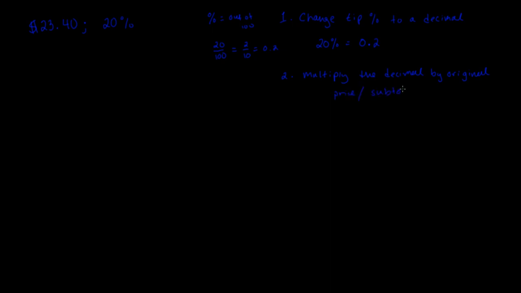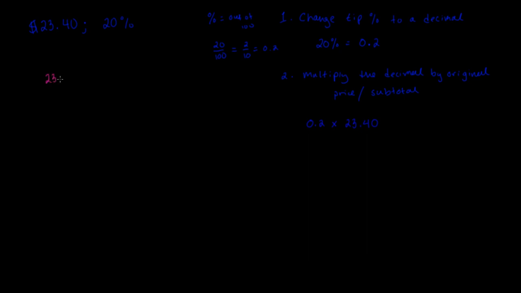Okay, because remember, we're trying to find 20% of what the server gave us, right? So they gave us $23.40 worth of food and service. So we want to add in that tip. So we're going to multiply this 20%, this 0.2, times that $23.40.